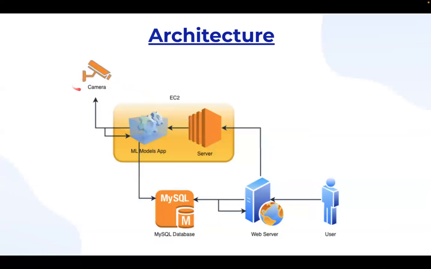The live footage from CCTV cameras will be fed as input to our models, and then our models run and generate logs and send them to the MySQL database. The web server will always be looking for new logs from the database, and if it finds new logs, it will display them to the user. So this is how the architecture is.